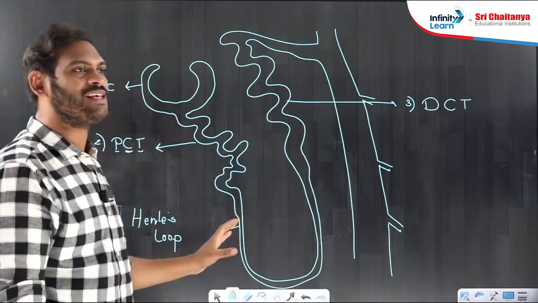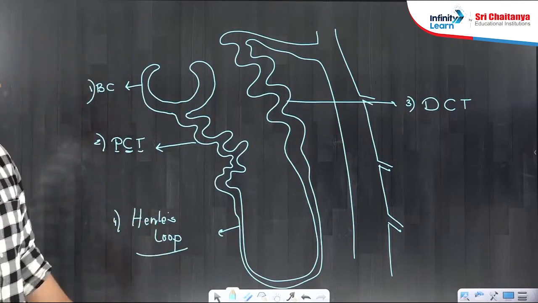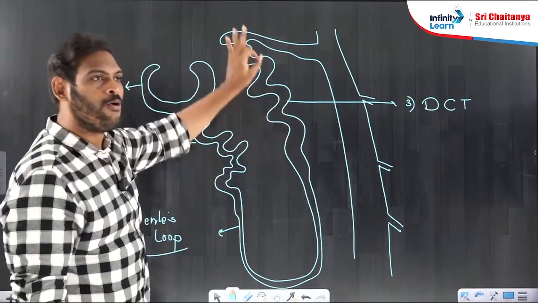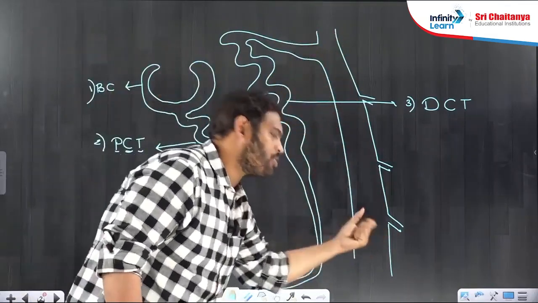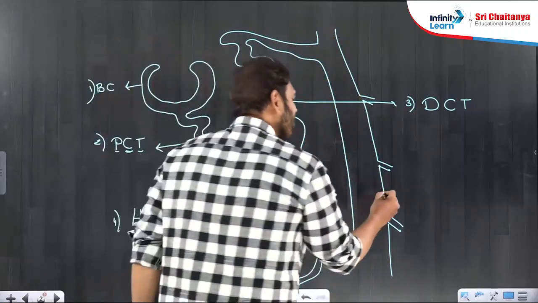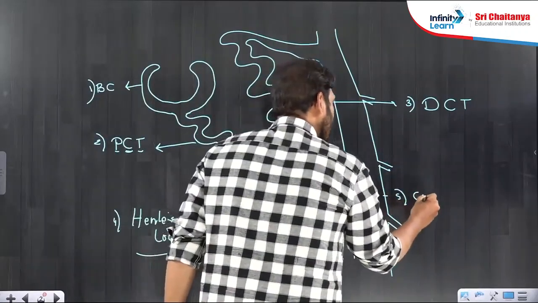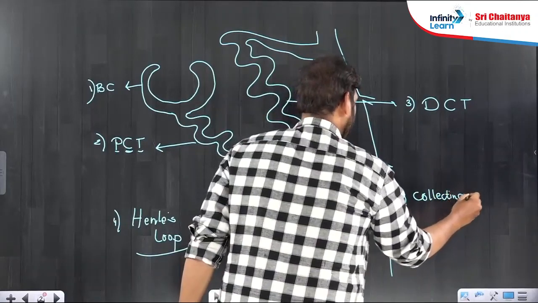It is Henle's loop. Good. And every nephron opens into a big duct-like structure, a big tube-like structure. This is referred to as the collecting duct or collecting tubule. Your wish, you can call that anything.